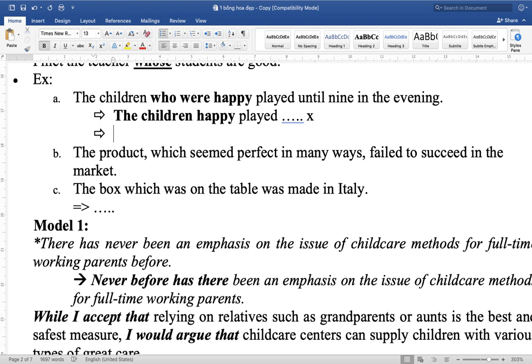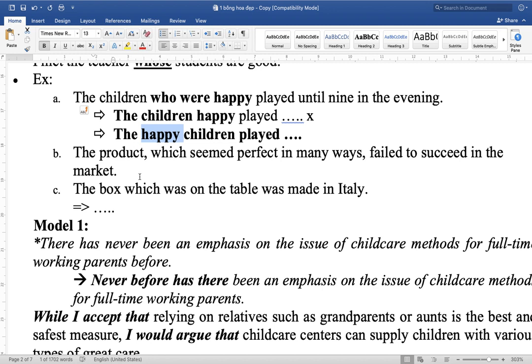So we can write the happy children played, because happy is a pre-positive adjective, so we can't use it after children. I will introduce you to some post-positive adjectives later, and you have to know the difference between pre and post-positive adjectives so that you can use them in the correct way.